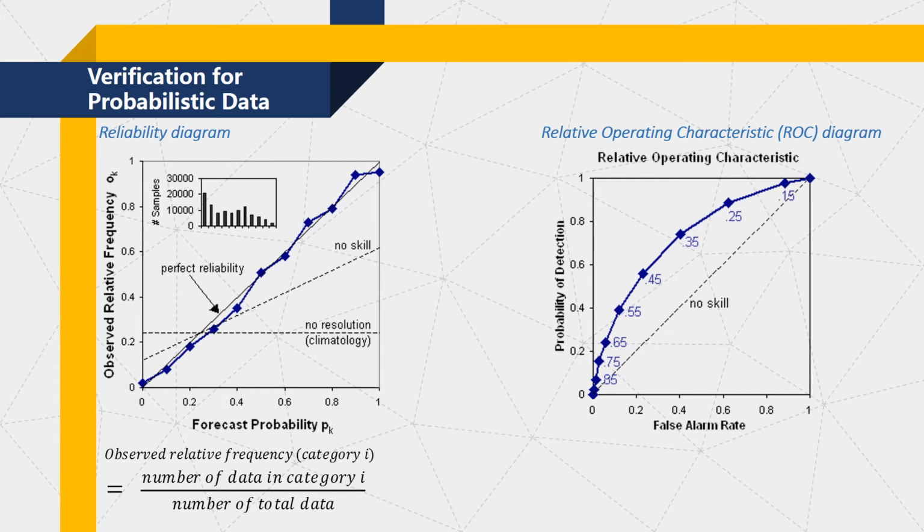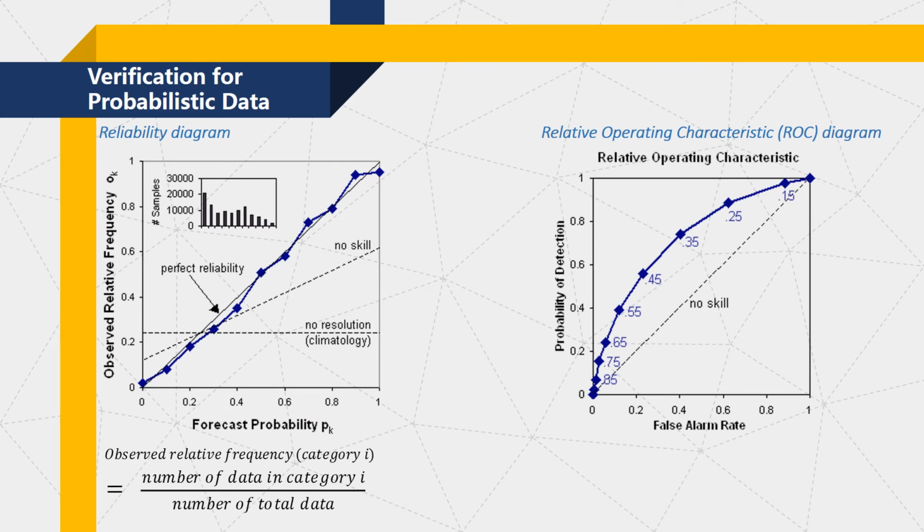For example, like I have mentioned before, 0 to 5, 5 to 15, and then 15 to 25, etc. The forecast reliability is denoted by the diagonal line in the diagram. The closer the plotted points are to the diagonal line, the smaller the conditional bias of the forecast.